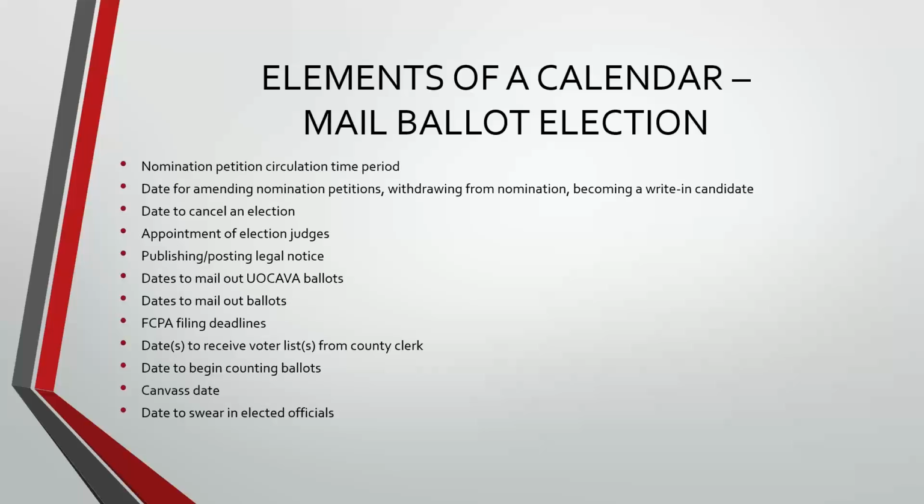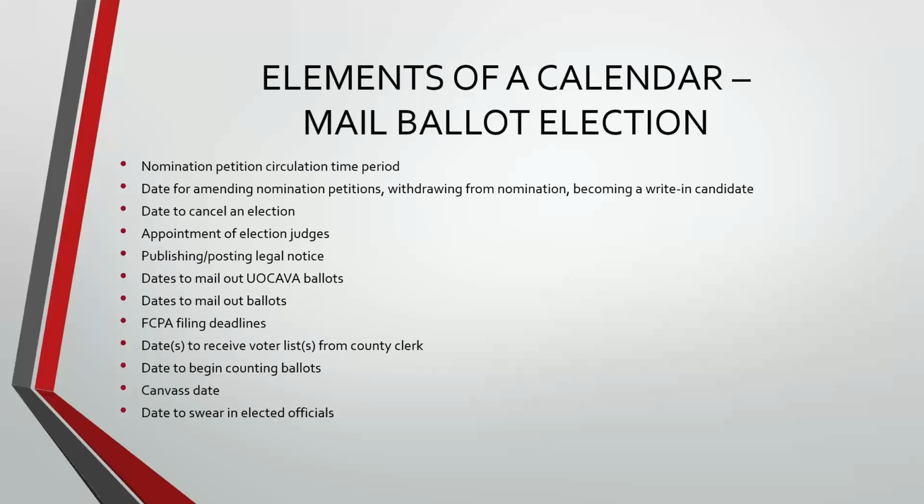Now, the mail ballot procedures are in Part 9 of 31-10, and the title of Part 9 is paper ballots. And when we first put it in there, when we added mail ballot elections to the code, I asked the drafter why it was there, and she said, well, mail ballots are really paper ballots, so it made sense to be here.